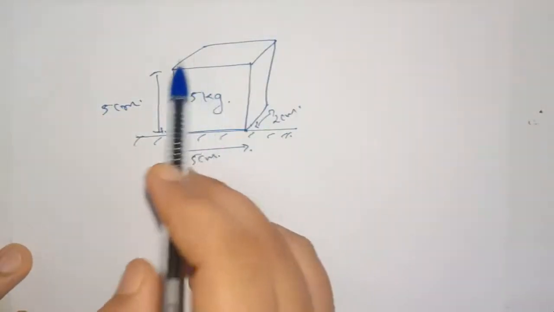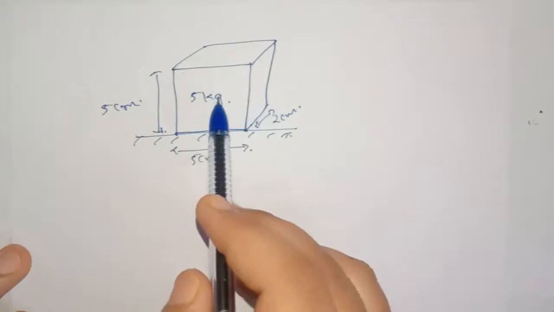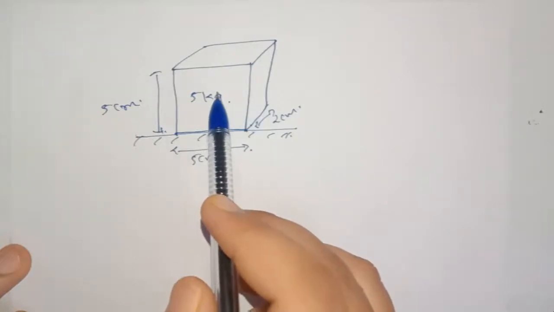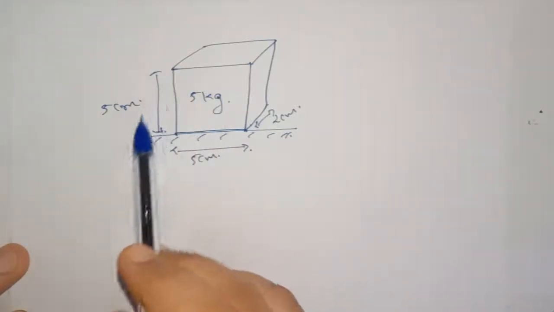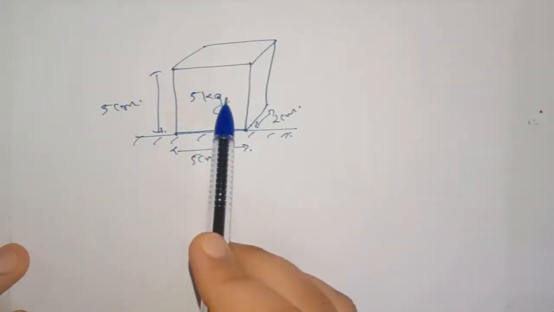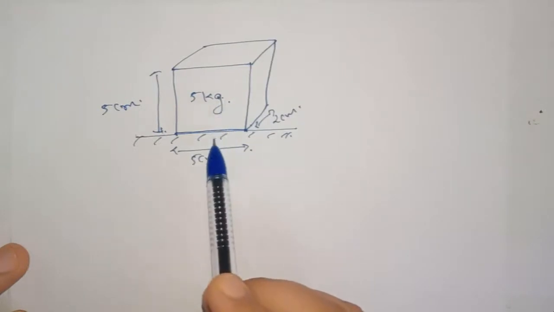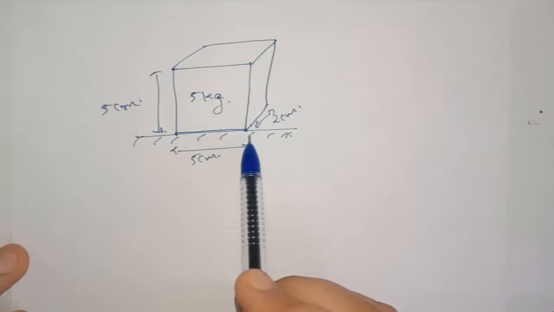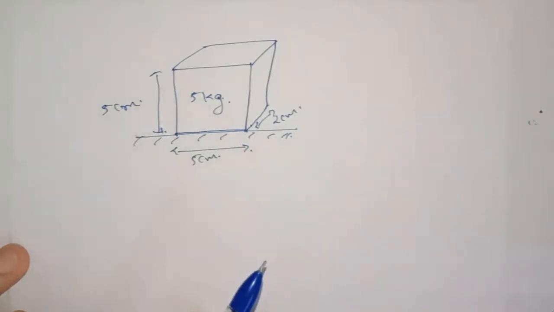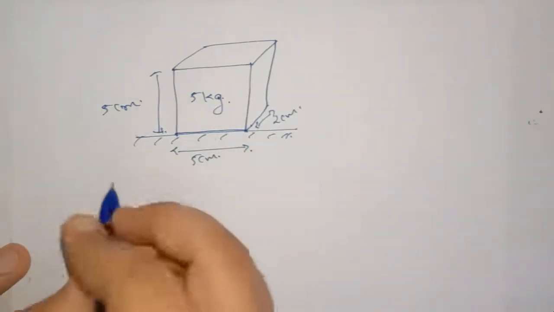Now, there will be a gravitational force acting on this object. So, due to the gravitational force, this object will apply some pressure on the surface. Let us find the pressure for the given situation.